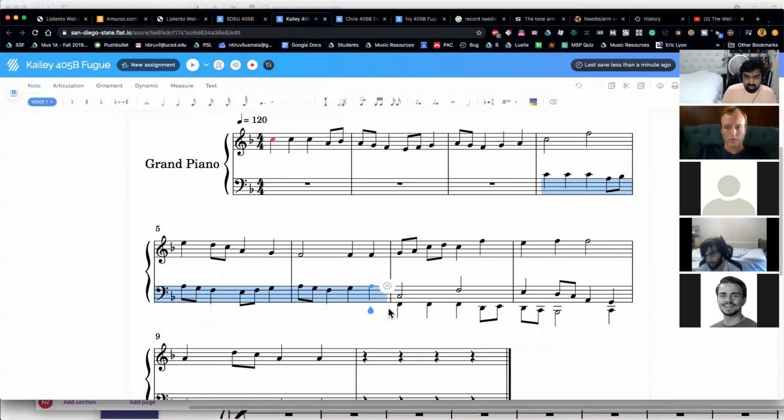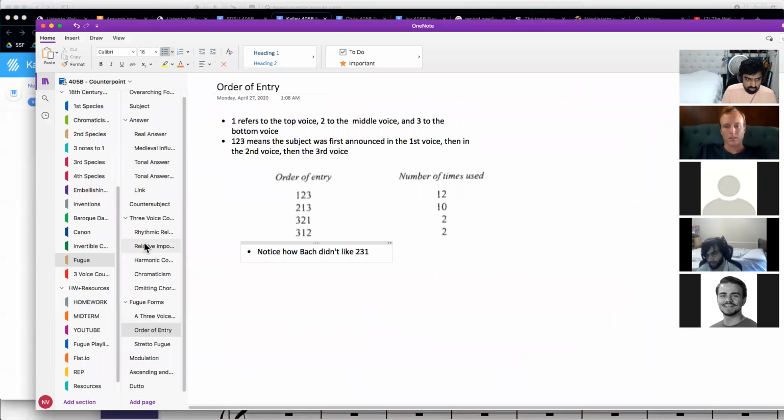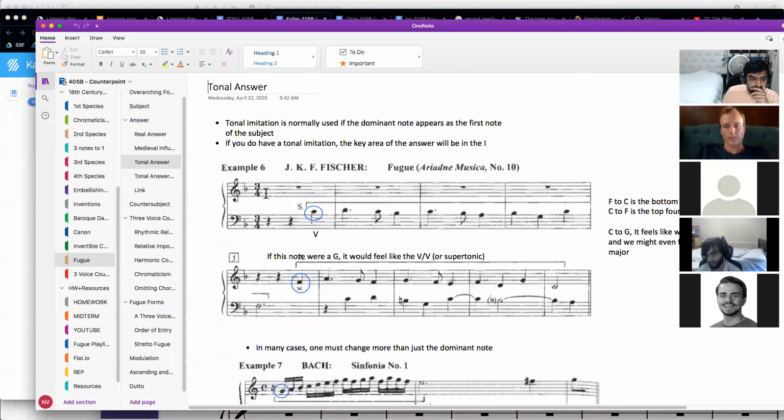Sounds like an airplane. So the idea is you just change that G to an F near the beginning, but then you leave the rest of it the same. Because basically, the idea behind a tonal answer, it's a very subtle distinction, is that you want to avoid having... here you see an F major.